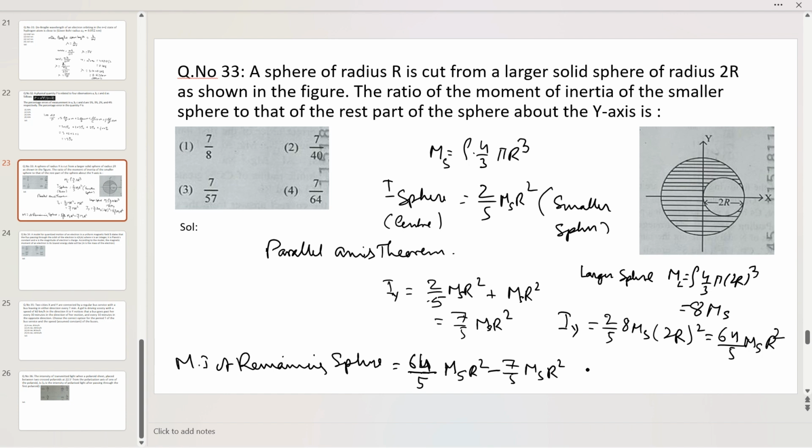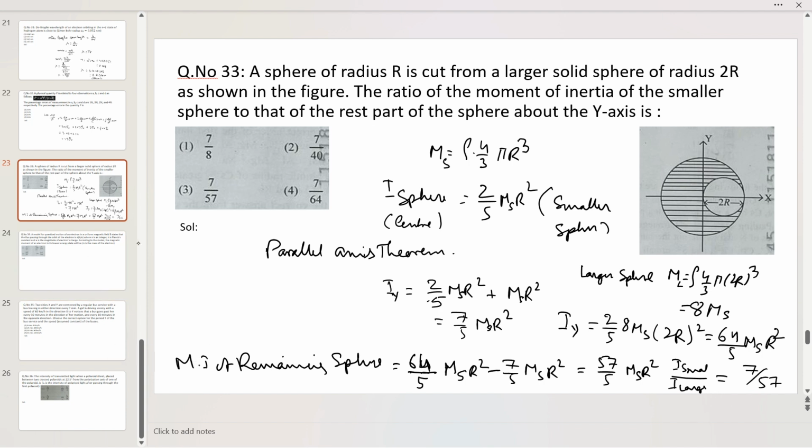If you solve it, you get 57 by 5 ms r square. Now if you find the ratio, I small by I large, I small is 7 by 5 and I large is 57 by 5. So your ratio will be 7 by 57. This is your answer.